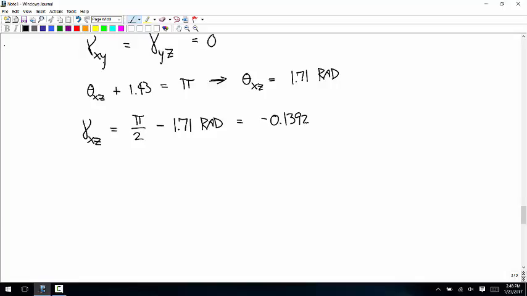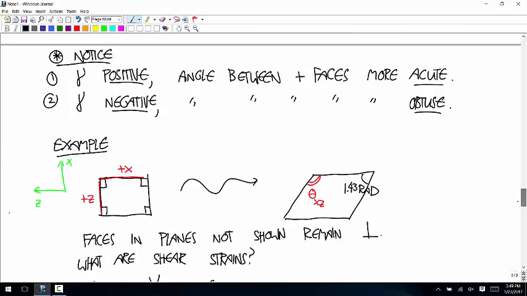That's horrible significant figures. It's radians, so it's unitless. All strains are unitless. Does it make sense that we got a negative answer? It does, because the angle that we're looking at got more obtuse.